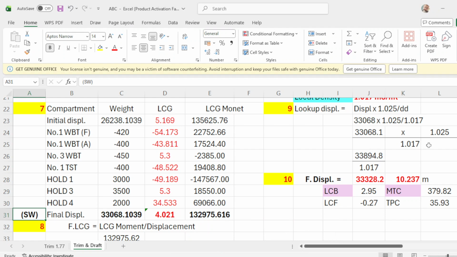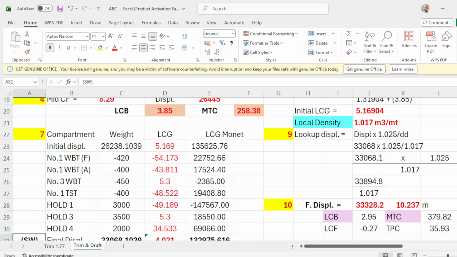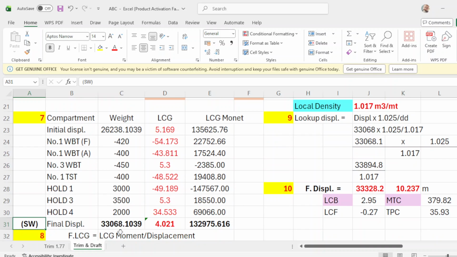This is your DD or your local density. So displacement times 1.025 over your local density: 33068 times salt water 1.025 over your local density of 1.017, that is your DD.